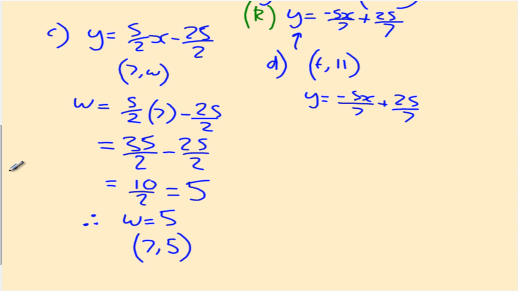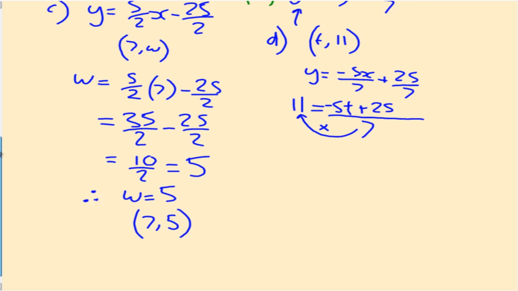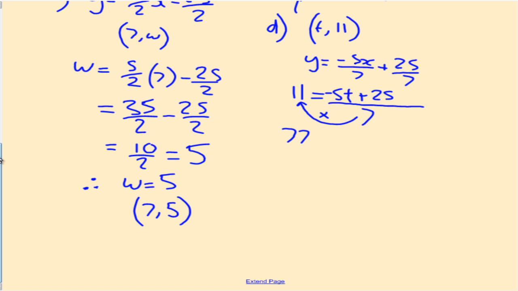Instead of y we have 11 equals negative 5t plus 25. I'm going to join them up all over 7. The reason I'm going to join them up is because with the 1 multiplication I can get rid of that 7 and end up with 77 equals negative 5t plus 25.